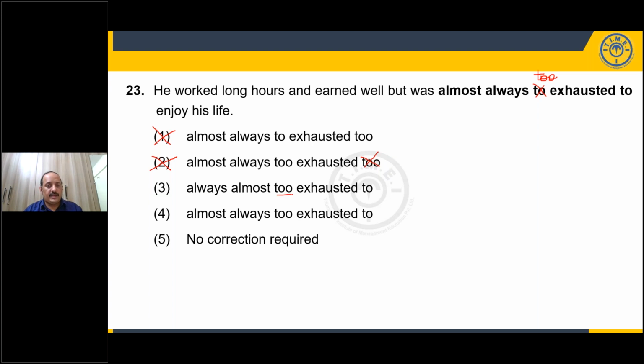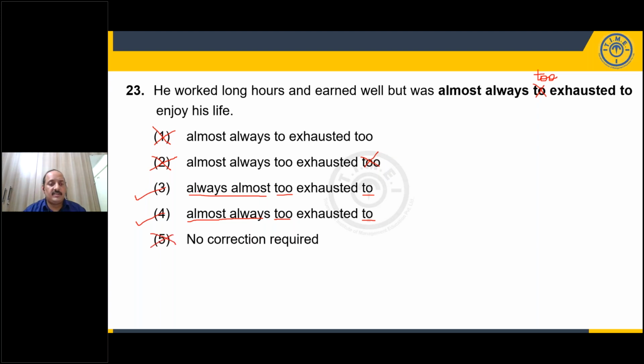Now here TOO and 2 are fine, but the always almost are interchanged. So let's keep this on hold. Almost always too exhausted too. So here almost always is as per the question, and TOO and 2 have been corrected. So 4 can also be a possible answer. And as we saw, because the question definitely is wrong, 5 is eliminated.